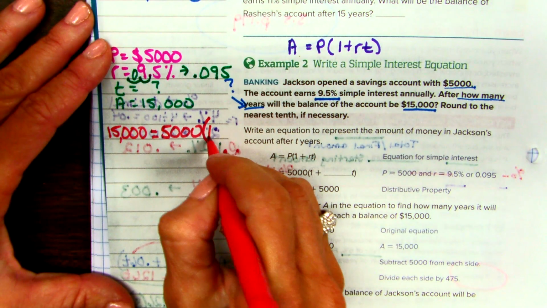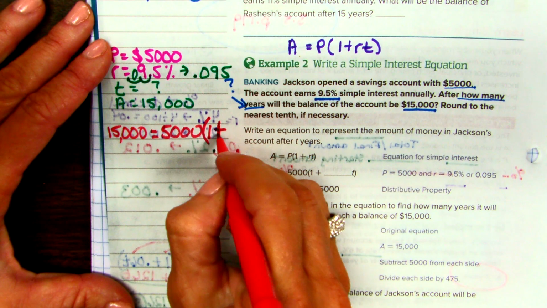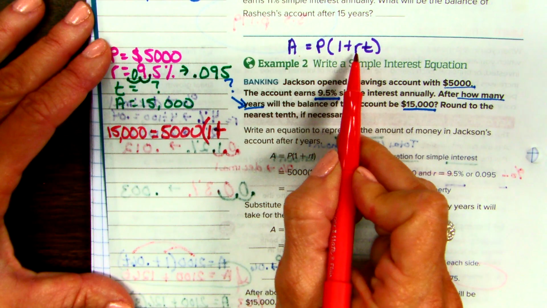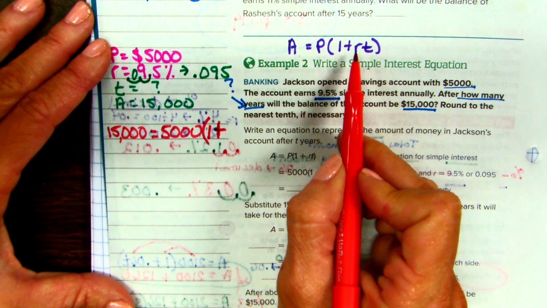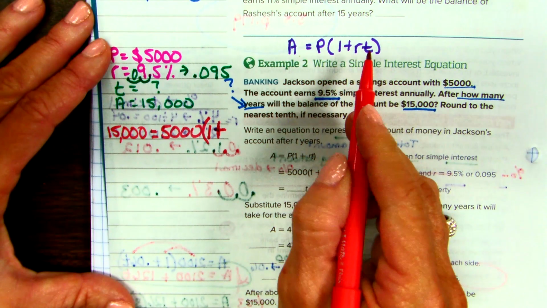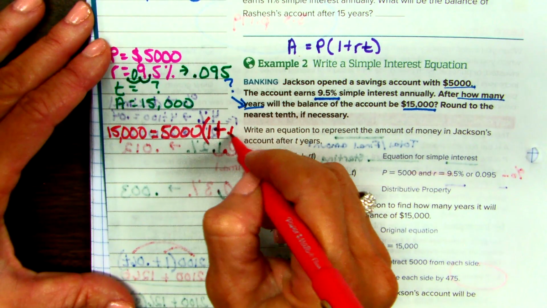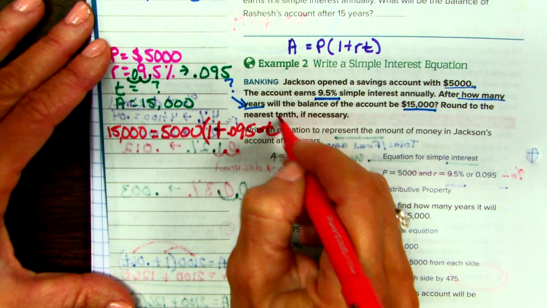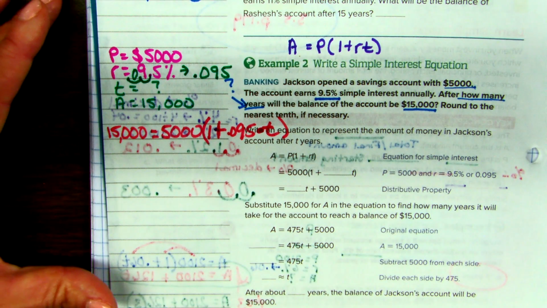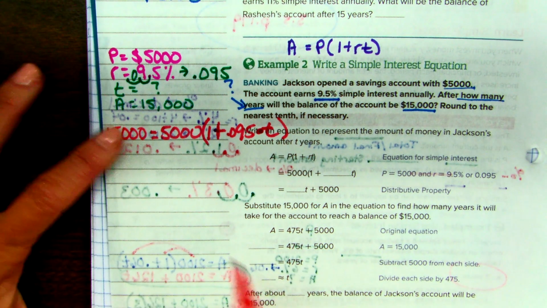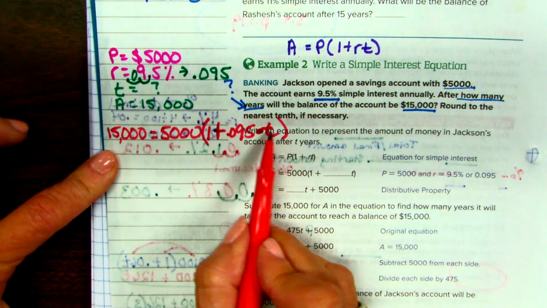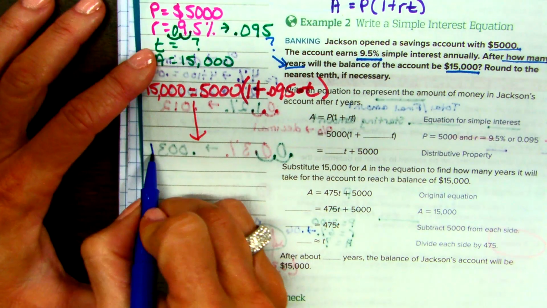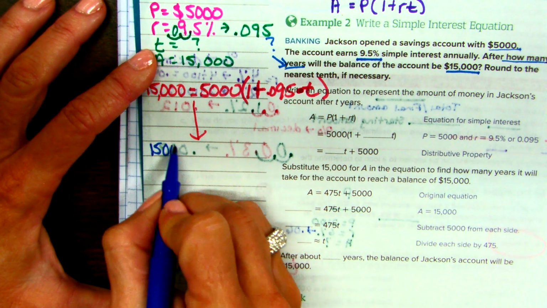Parentheses, 1 plus R times T. You can use parentheses, you can use a dot, it doesn't matter, but it's 0.095 times T, which we don't know, right? So I'm just going to move that sentence down a little bit because I feel like it might be hard for you guys to see, so I'm just going to rewrite it right here. You don't have to write it again if you don't want to.